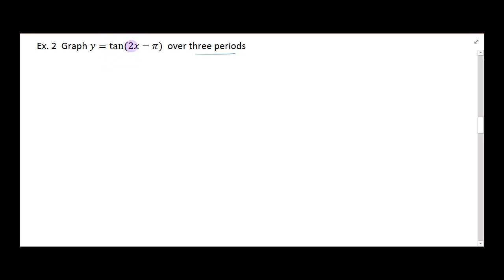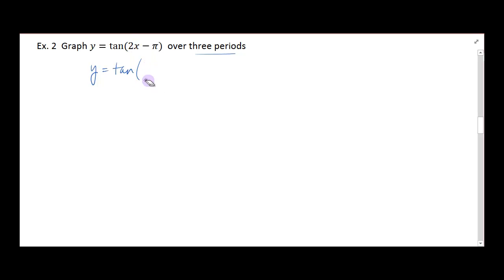I want my b, which is this value next to the variable x, isolated. In other words, I need to factor this coefficient out. So I'm going to start by rewriting the equation by factoring out this value for b, in other words 2.